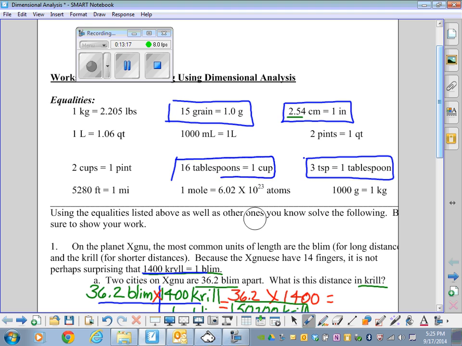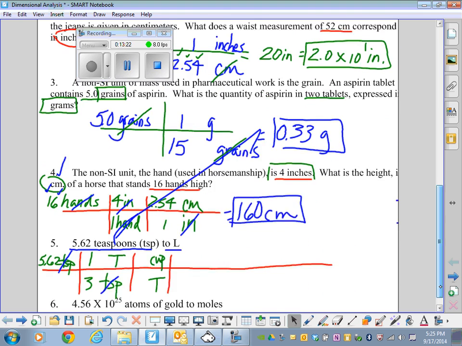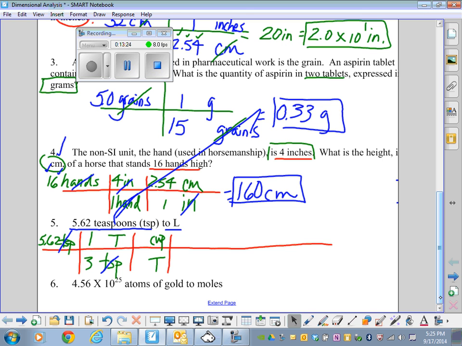And going up the page, we see that 16 tablespoons equals 1 cup. So we're going to go right back down, and we will write 16 tablespoons in every 1 cup.